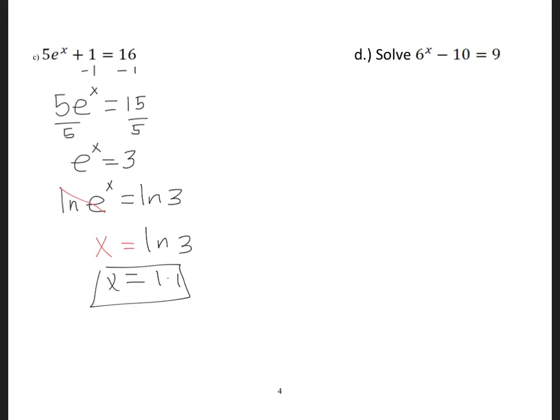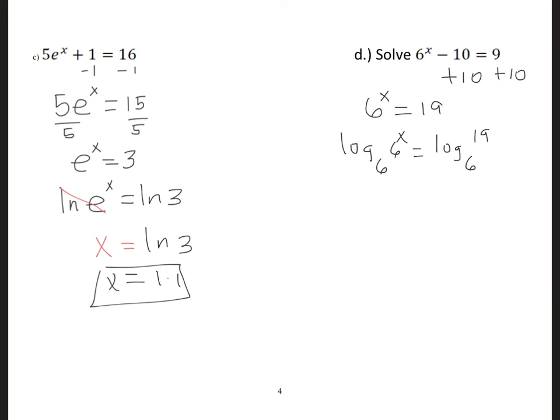Okay, now let's do the other one here. So we have 6 to the x minus 10 is equal to 9. So I can add 10 to both sides. And what do I get? 6 to the x is equal to 19. And then I'm going to introduce logarithm to base 6 of 6 to the x is equal to logarithm to base 6 of 19.